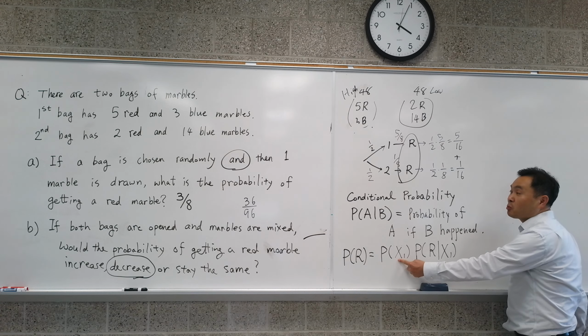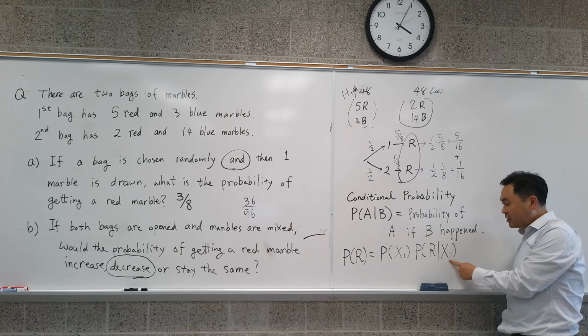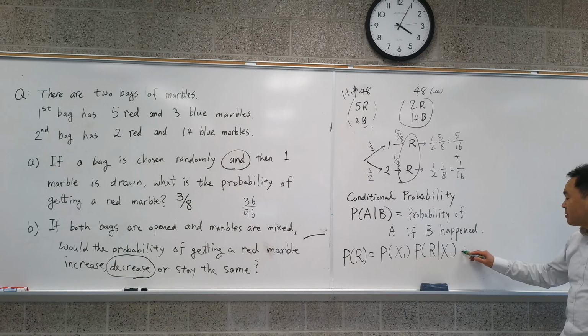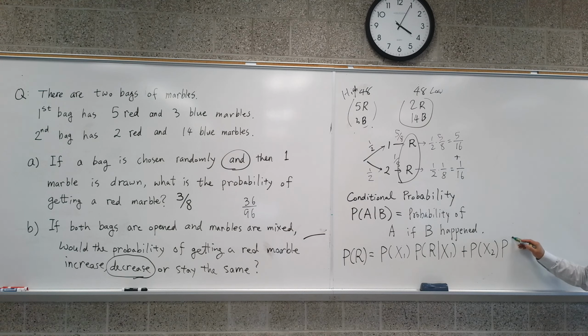That's 1/2, right? What is P of R given x1? That's this 5/8, because bag x1 has a higher probability of red. Right? Okay. Plus, now the probability of bag number 2, and then the probability of R under x2.